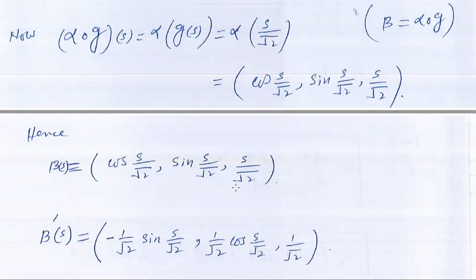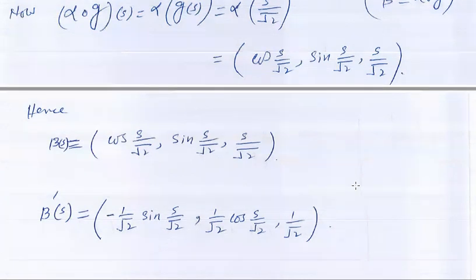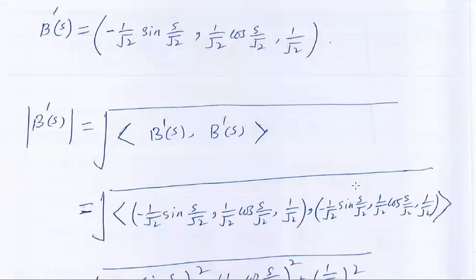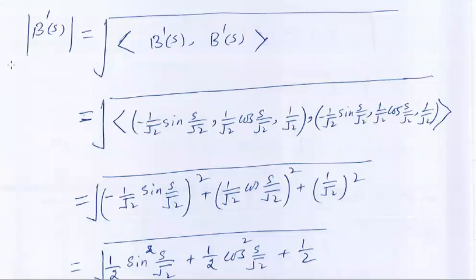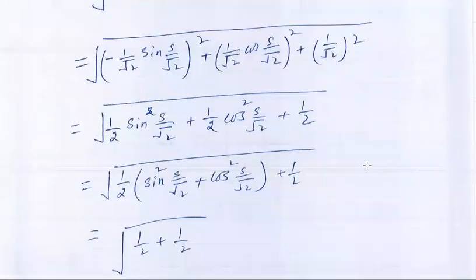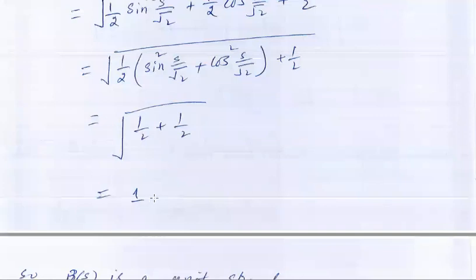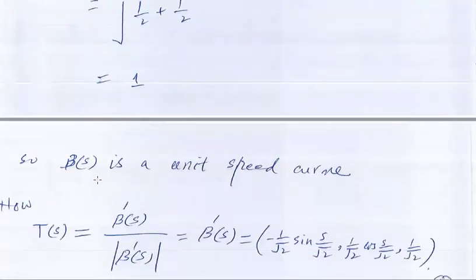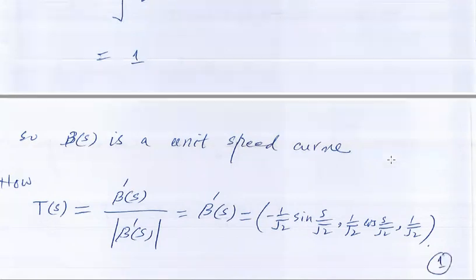This curve is a unit speed curve, because the magnitude of beta dash of s is 1. So beta of s is a unit speed curve.